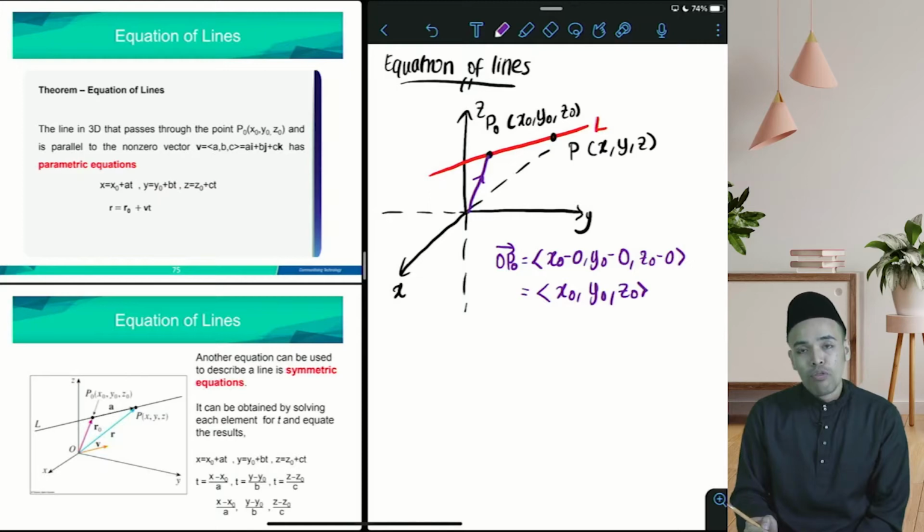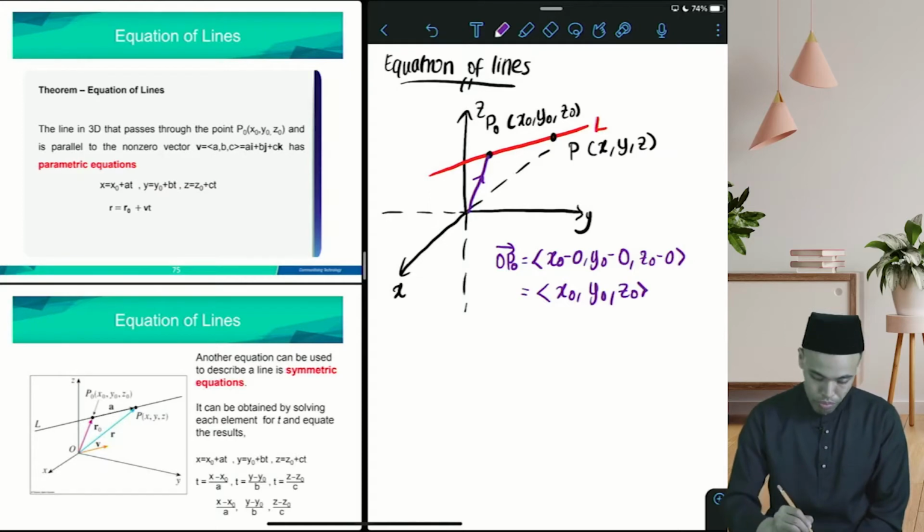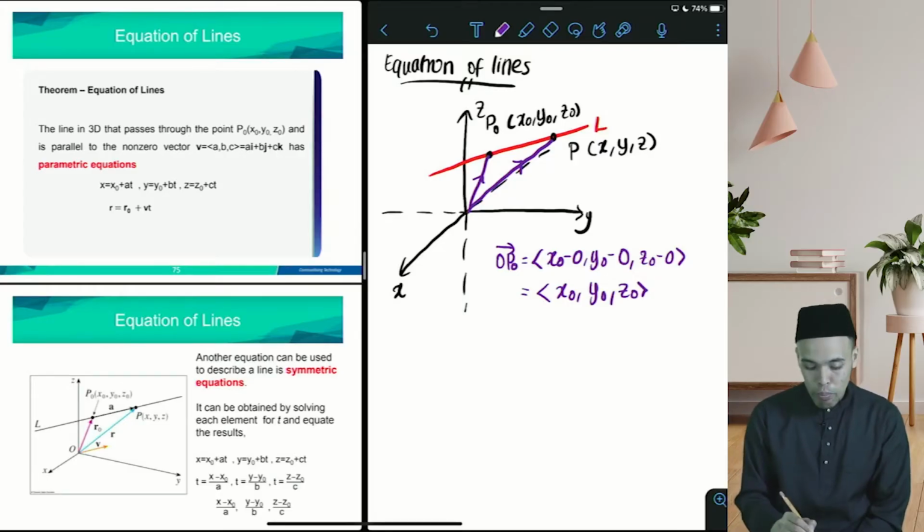And if I can find the position vector of point P naught, I can always find the position vector of point P. The position vector of point P is simply OP.